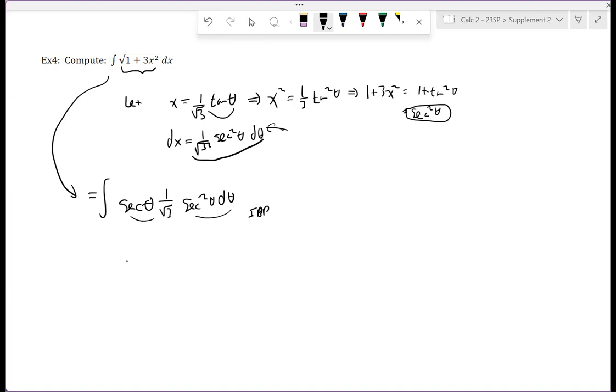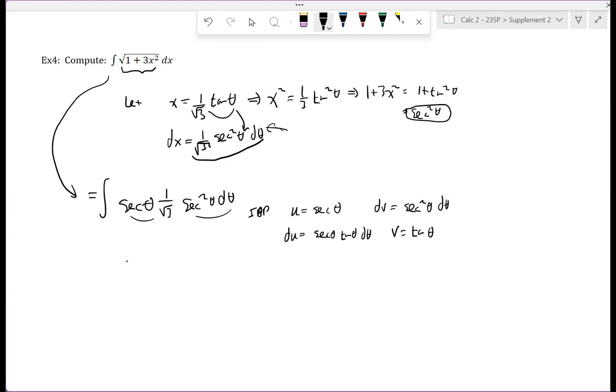So what do I want to differentiate? I want to differentiate secant theta, and I want to integrate secant squared theta d theta. The derivative of secant is secant tangent. And the integral of secant squared, the thing that differentiates to secant squared theta d theta, is tangent theta.